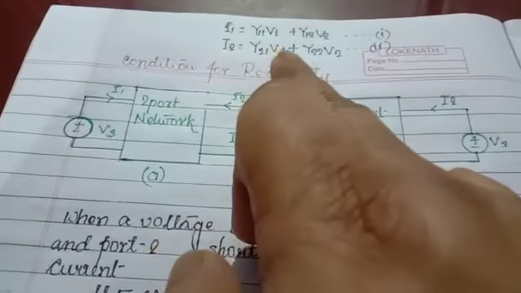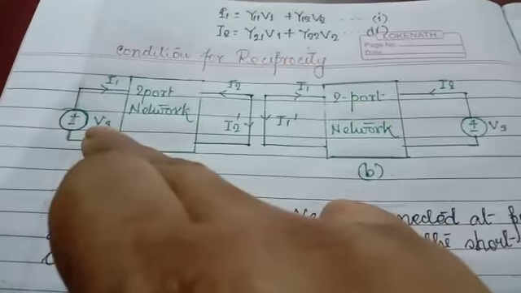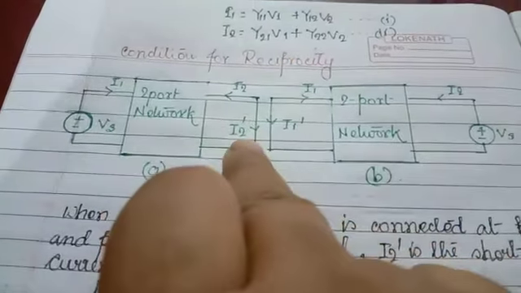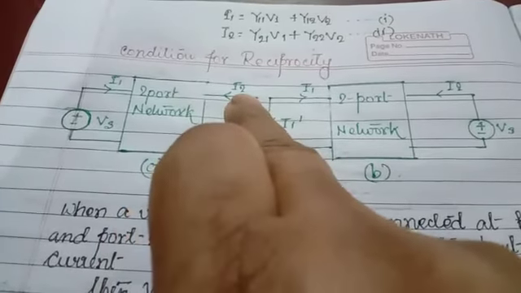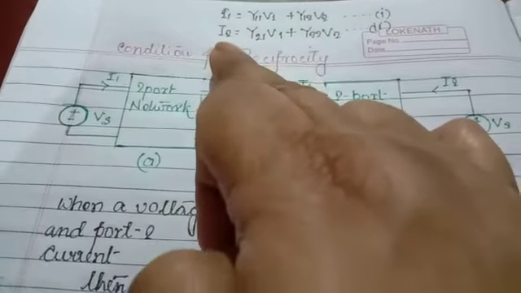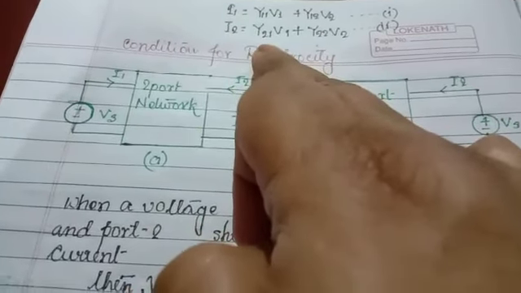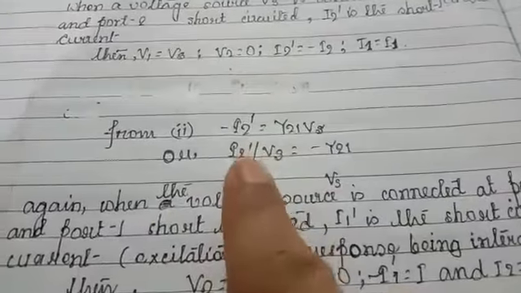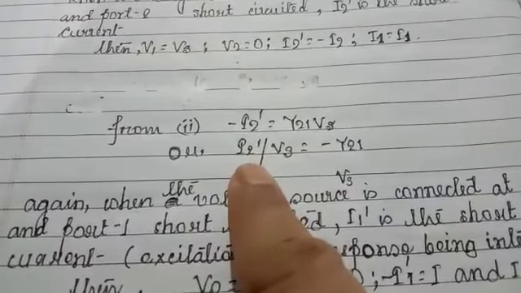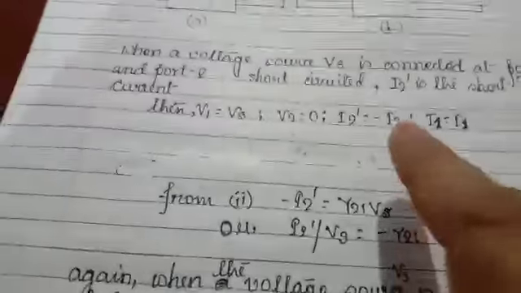So minus I2 dashed by Vs will be equal to Y21. That is, I2 dashed by Vs equals minus Y21.